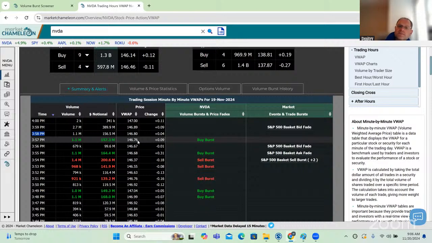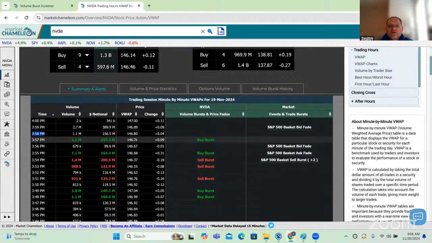Then we track the VWAP price relative to the previous minute to see what happened. Did the VWAP price move higher or lower? Was the tick higher or lower? So we have the volume and the price impact from that volume.